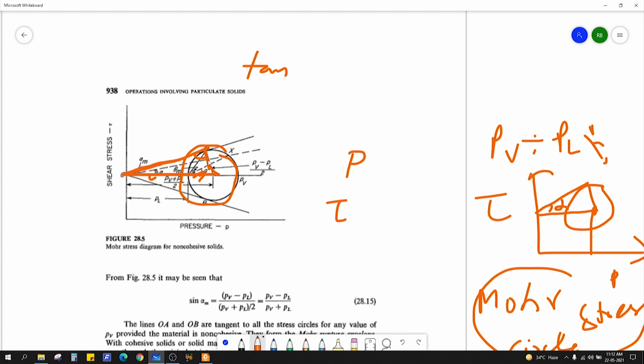And this is your perpendicular, and this one is your base, right? So what is sine? Perpendicular by hypotenuse, right? So sine alpha will give you, because the main aim is to find alpha in terms of PV and PL. So what is the radius?